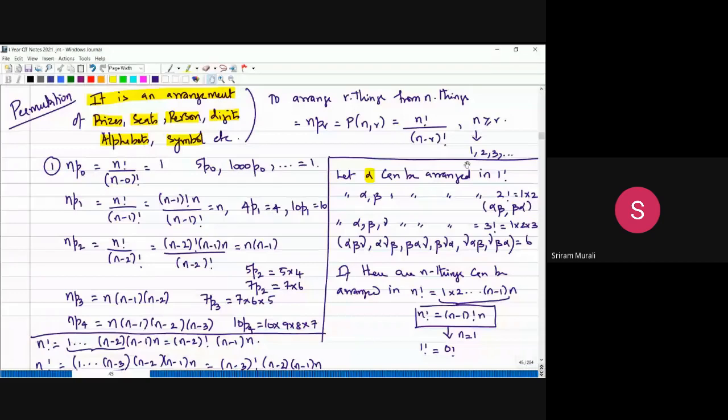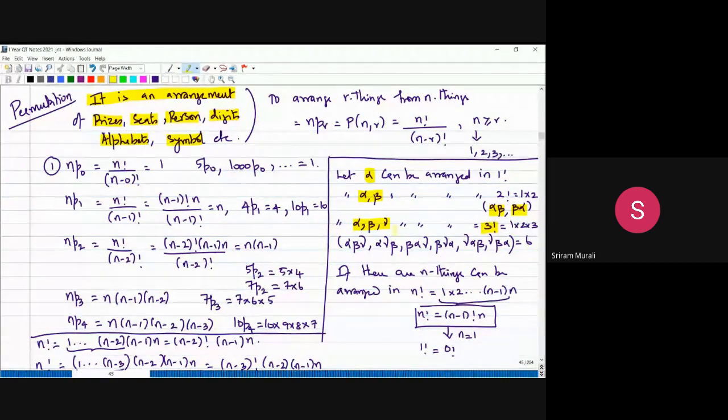Assume in the place of alpha this one thing. It can be arranged in only one way, 1 factorial. Alpha beta can be arranged in 2 factorial ways: alpha beta, beta alpha. That is 2 ways, 1 into 2. If I take alpha, beta, gamma, 3 persons, 3 seats, in how many ways can they be arranged? 6 ways.